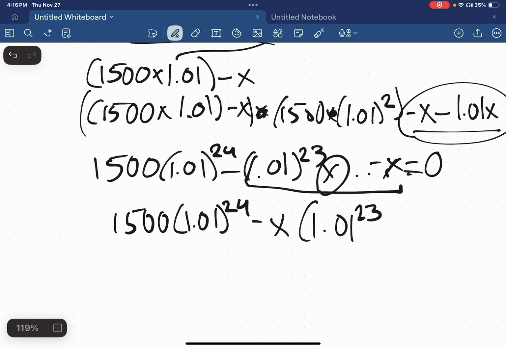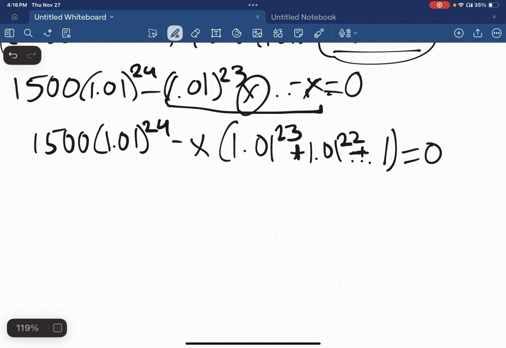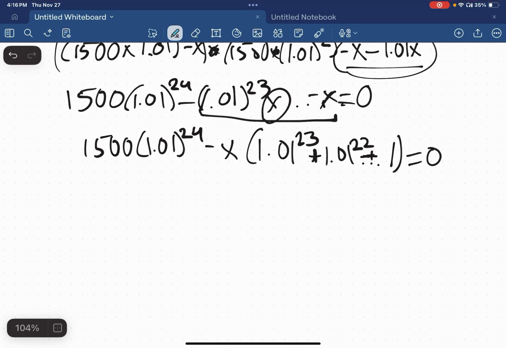Now we just have this, dot dot dot, plus 1 in these cases, which is equal to 0. And this is a geometric sequence.